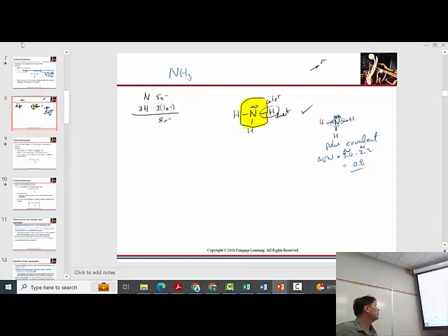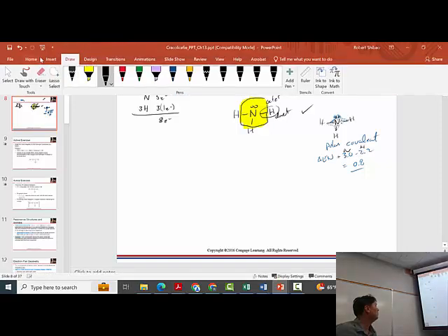We have to learn the three ways we bookkeep for the electrons.